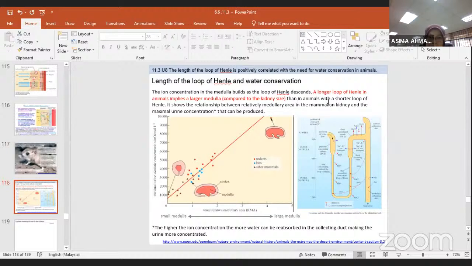Then in animals with a shorter loop of Henle, so it shows the relationship between relative medullary area in the mammalian kidney and the maximal urine concentration that can be produced. So you can see small medulla and large medulla. A large medulla implies that the animal has a longer loop of Henle. And then look at this one, the y-axis is, wait, cikgu besarkan.